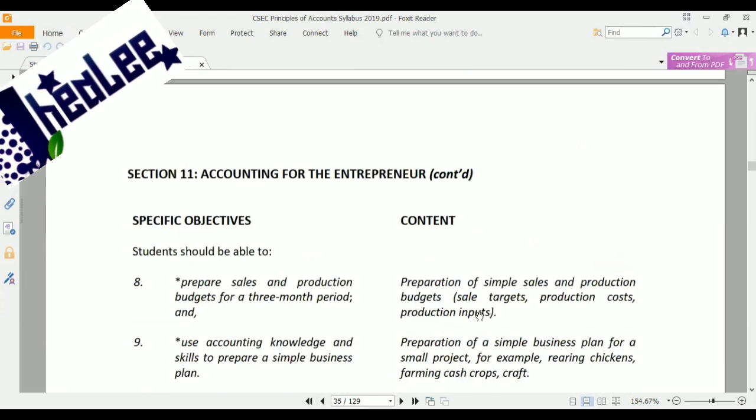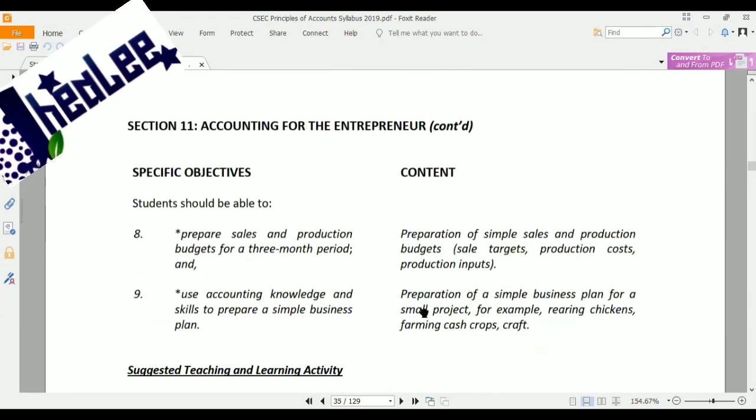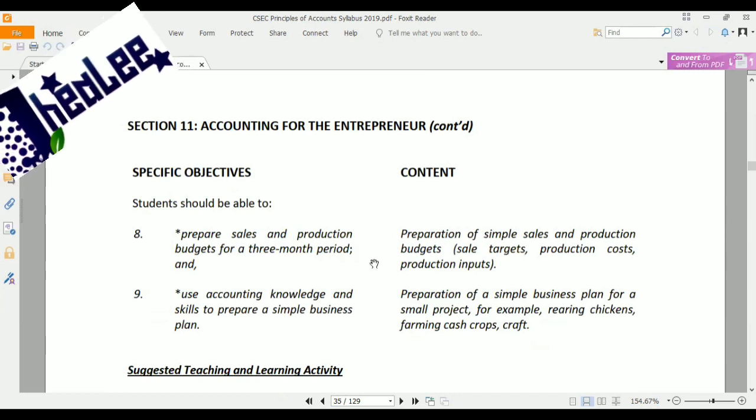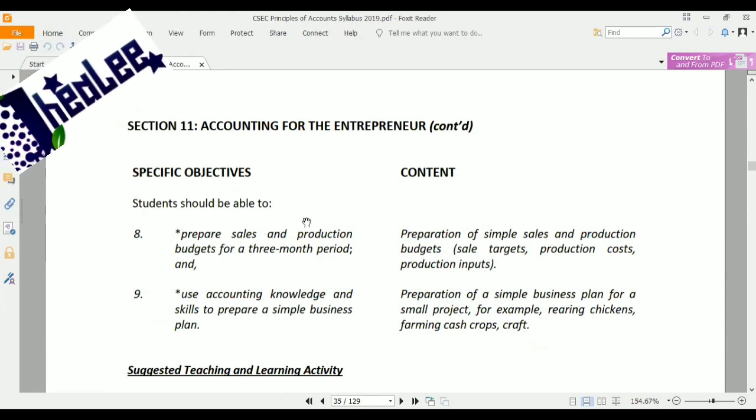And the other thing is number 8, prepare sales and production budgets for a 3-month period. Again, this is on the January 2021 paper. Get a hold of that. Again, you can use the Frank Wood as reference material as well in order to know how to do this.